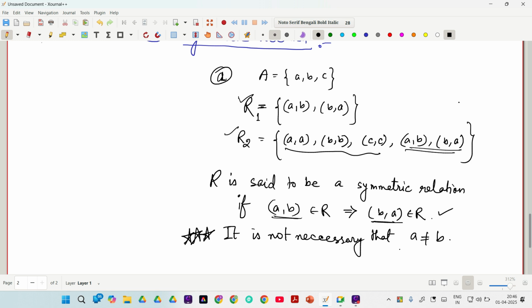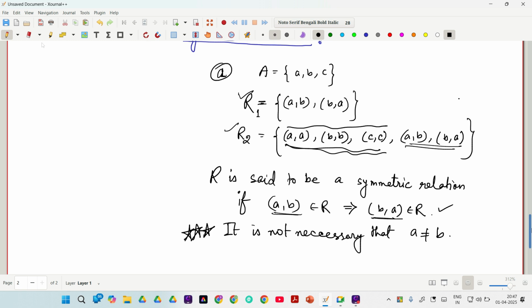A and B may be equal, and for these three elements, A and B are both equal: A comma A, B comma B and C comma C. So these three elements are not causing any problem.